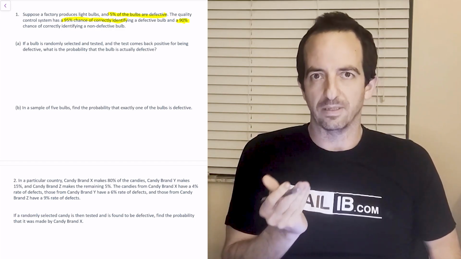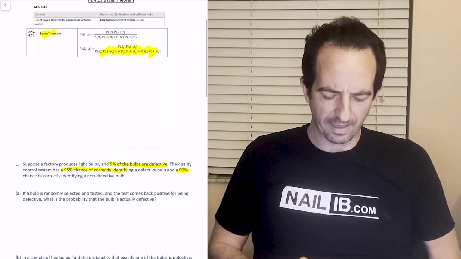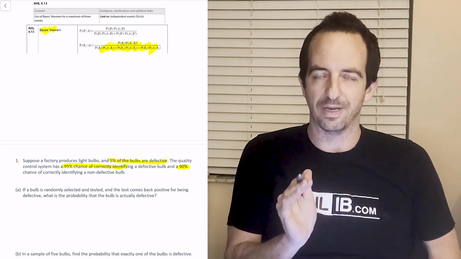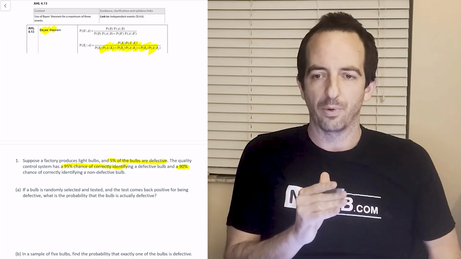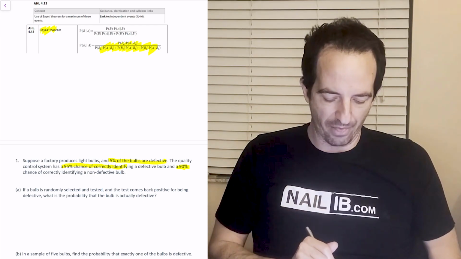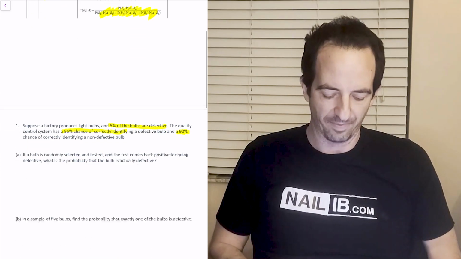So what is Bayes' theorem going to tell us to do? If we look at the formula, in our denominator we want the probability of having the quality control identify a bulb as defective.